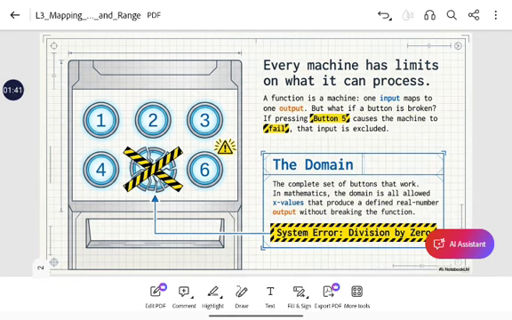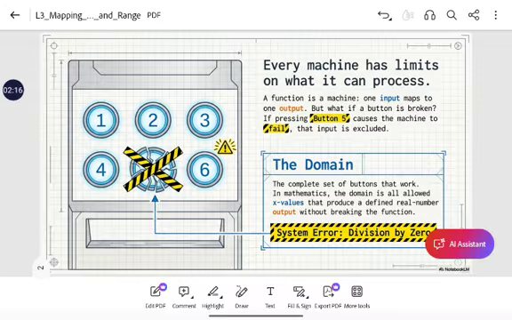Every machine has a limit on what it can process. So a function is a machine. One input maps to one output. But if a button is broken, if pressing, let's say, button 5 causes the machine to fail, that input is excluded.